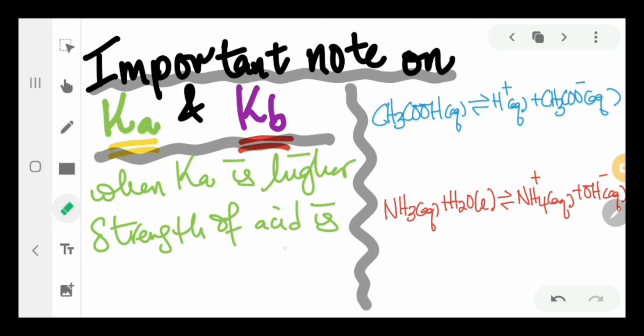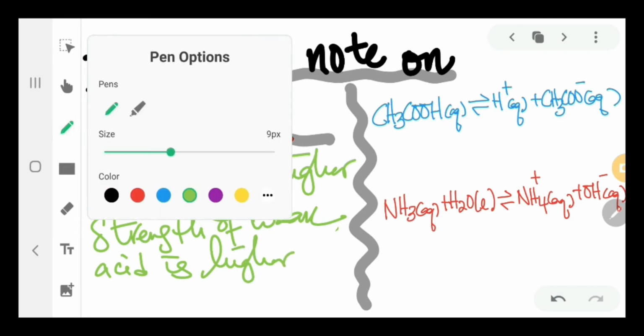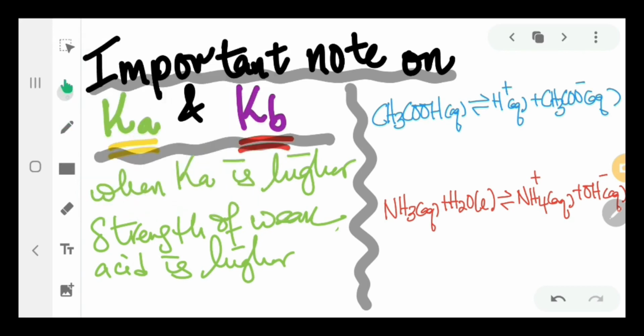The strength of the weak acid is higher. Why? Because when you look at your equation here, how do you write Ka?